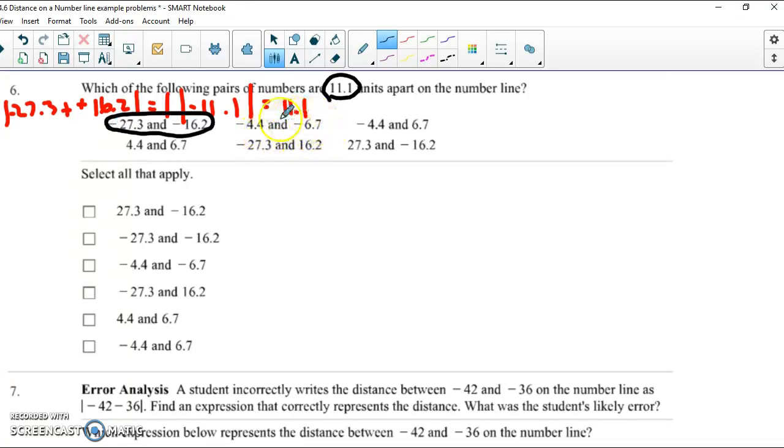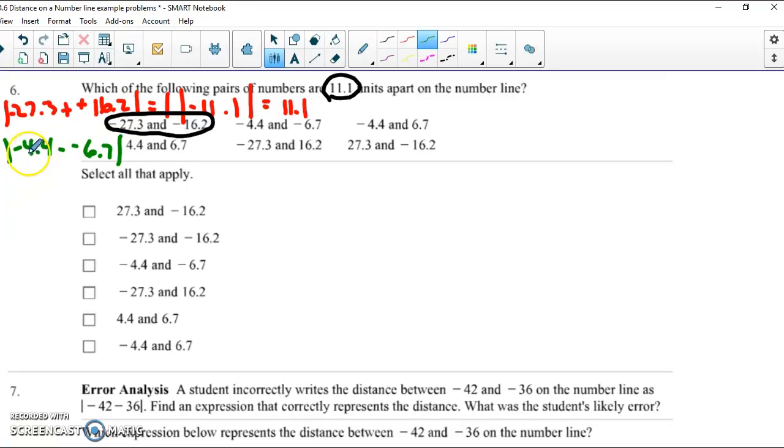Let's check out this next one. If I want to know the distance between these two numbers, then I'm going to take the absolute value of their difference. So as I'm subtracting them, I will do -4 4/10 minus -6 7/10, and I put it inside the absolute value bars.